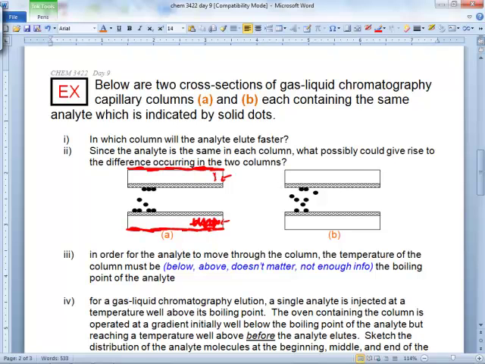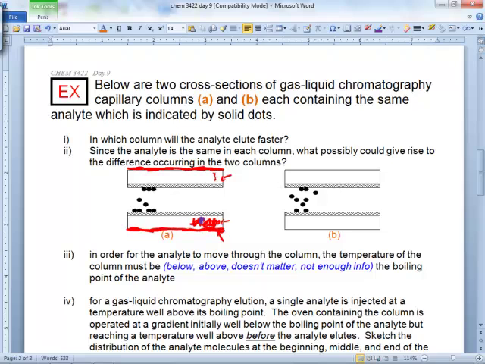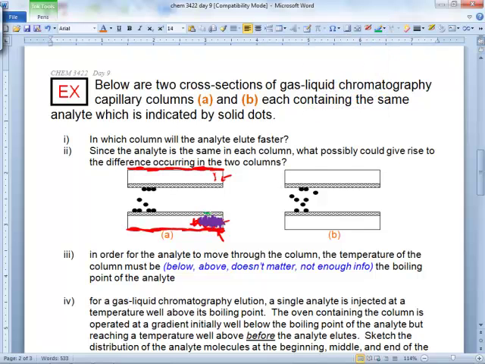So we've got our polyimide coating. And then purple would be the glass. And then the very inside layer would be what? Stationary phase. Okay, so there's our cross-section.